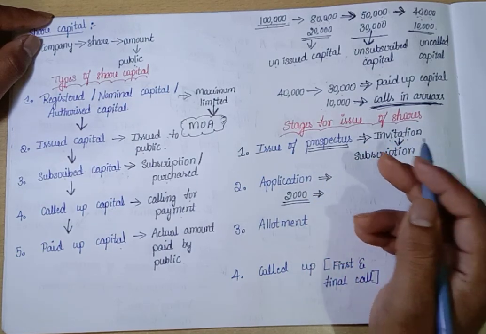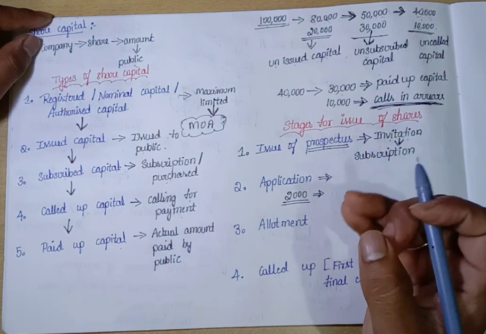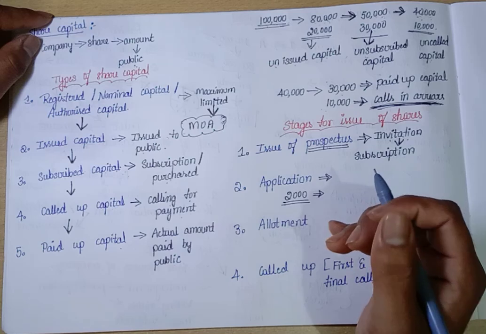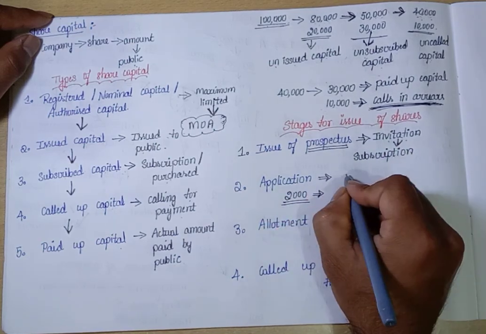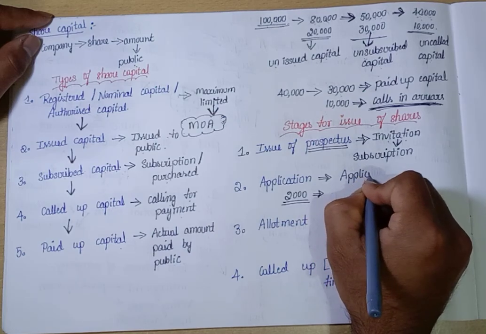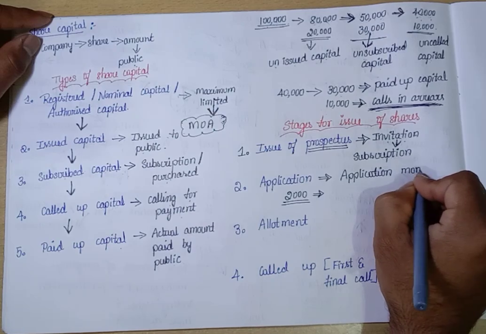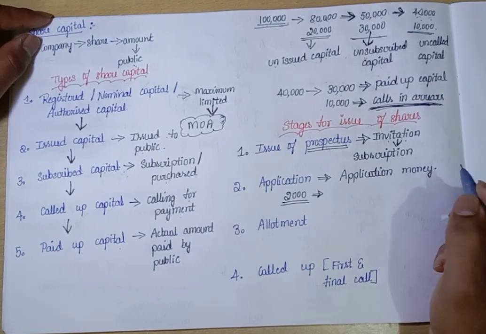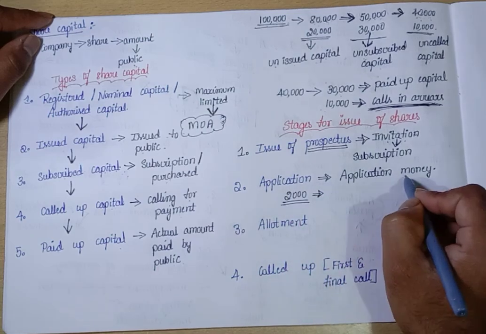For that, we provide applications. There we collect information from the prospective public, and we receive money at the time of application. That money is called application money. And this will be collected through the bank. So our bank balance will increase because of receiving application money.